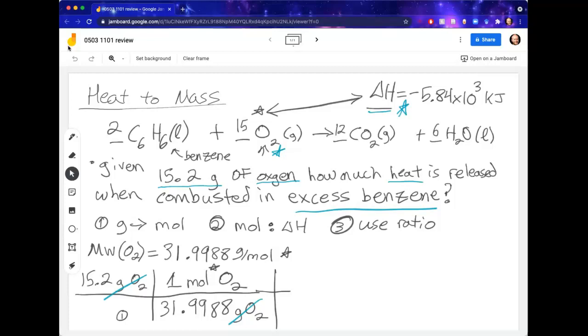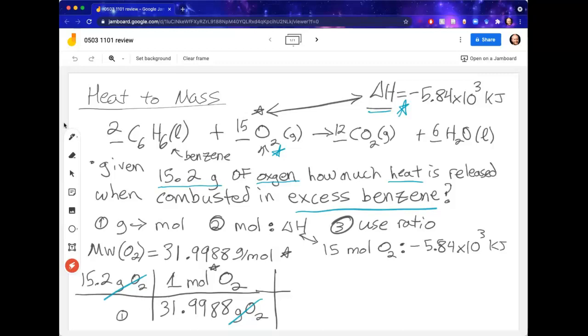And this step is the step where we need the coefficient from the balanced chemical equation. So in this case, we're writing 15 moles of O2 is proportional to that negative 5.84 times 10 to the 3rd kilojoules. Right, that was all given at the start. Just like we made mole to mole ratios in the past, now we're making a mole to heat ratio.